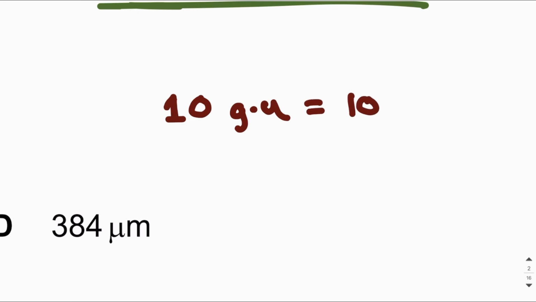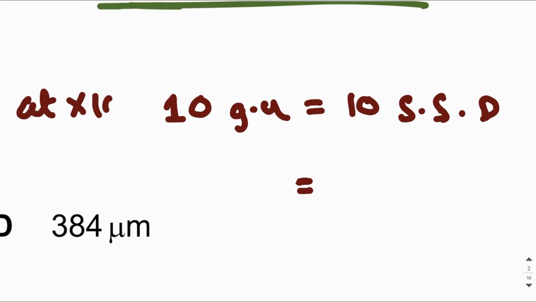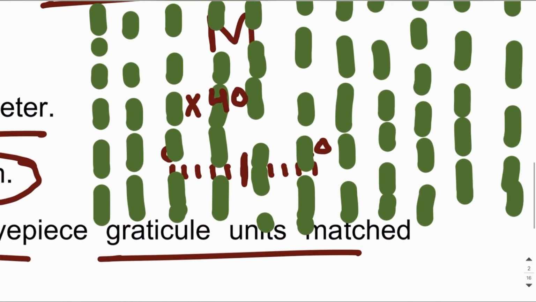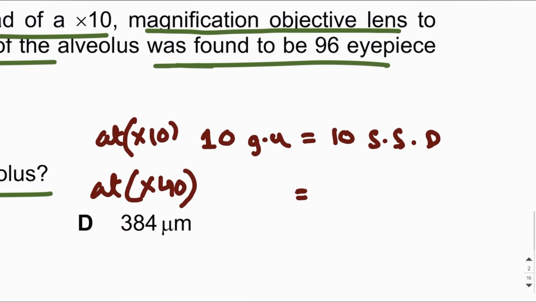Do you get this point or no? Initially, 10 graticule units was equal to 10 stage scale divisions. Now the magnification has changed to ×40. So the stage micrometer has been enlarged. So one stage scale division will now occupy more graticule units, right?